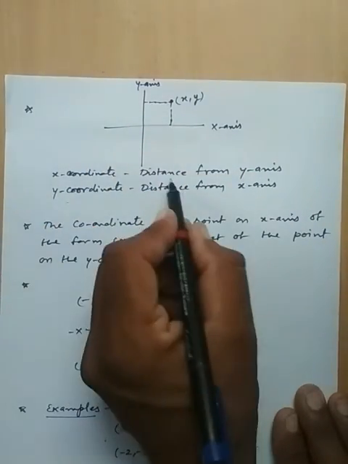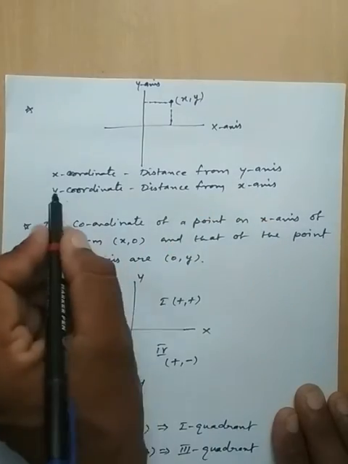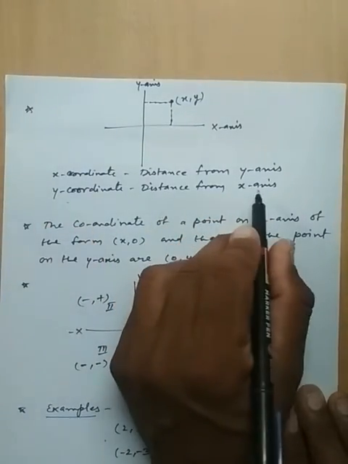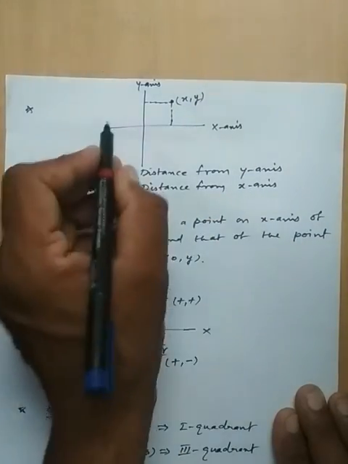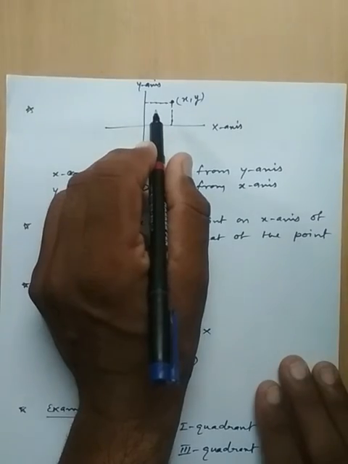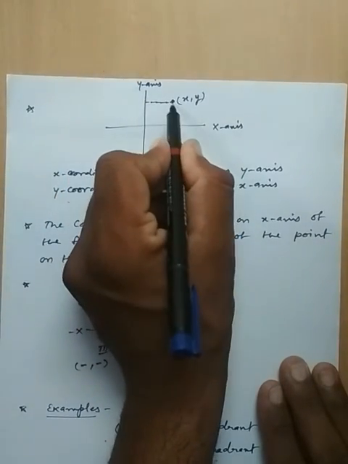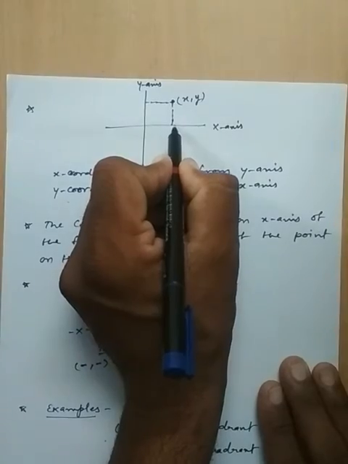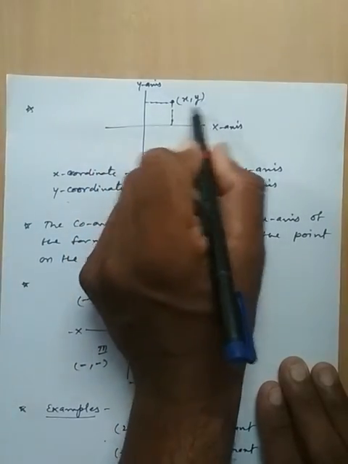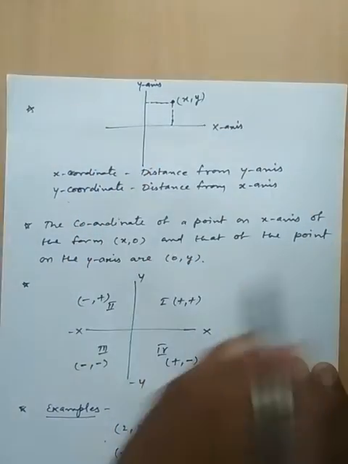So the x coordinate is the distance from the y-axis and the y coordinate is the distance from the x-axis. Both are in a pair. This is called an ordered pair.